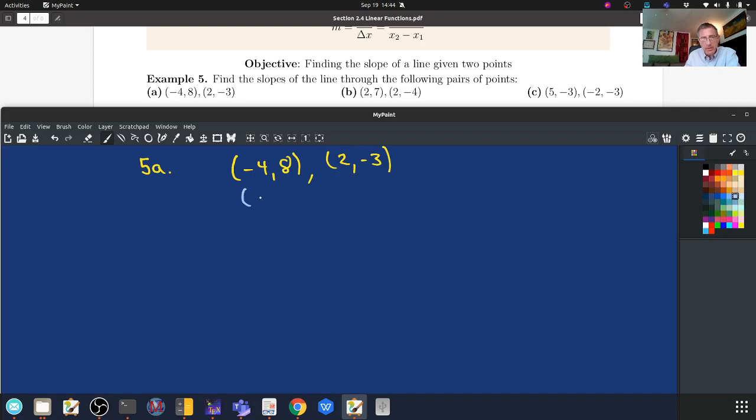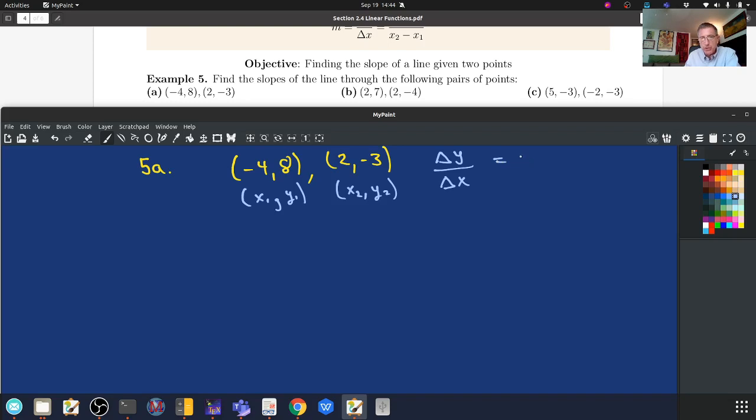I'm going to label the first point with x1 and y1, and then the second point with x2 and y2. And let's calculate the change in y over the change in x, which is another word for the slope.